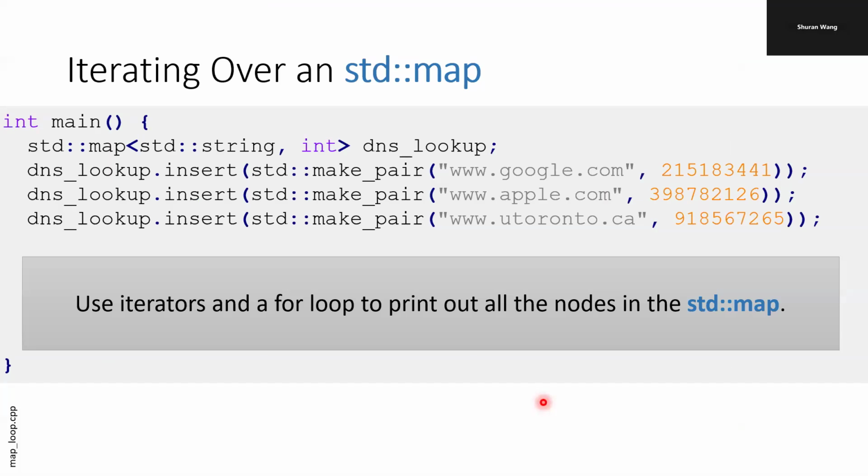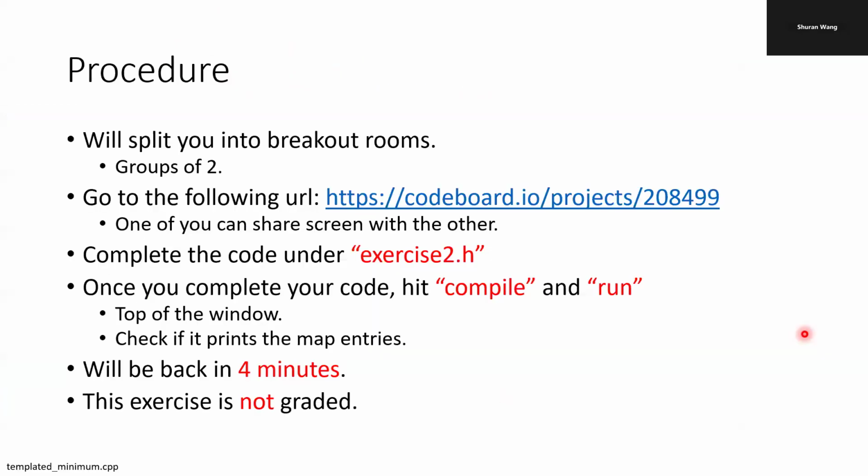And now for the second exercise, we want to iterate over an STD map. So you should use iterators and the for loop to print out all the nodes in the STD map. It's the same URL, just go to exercise 2.h and complete it. We'll be back in 4 minutes.